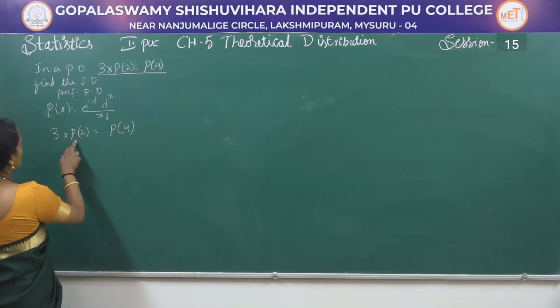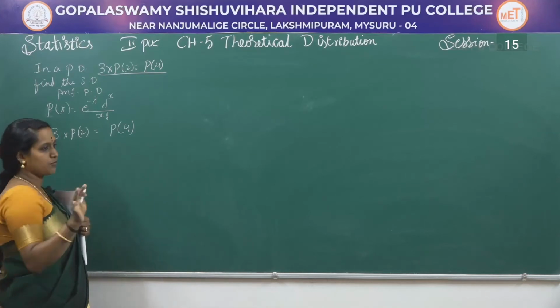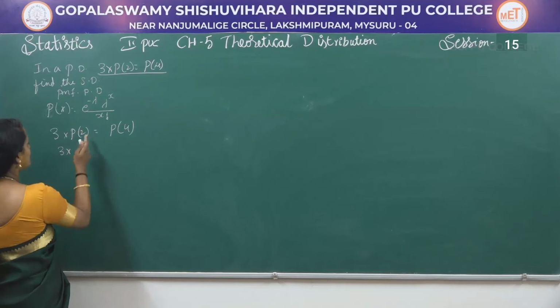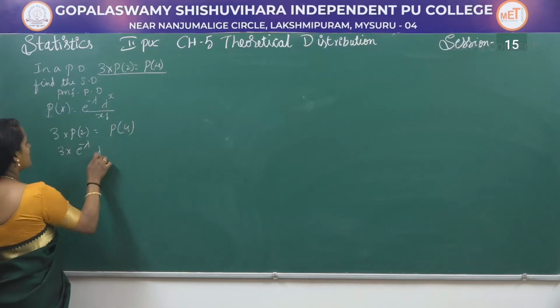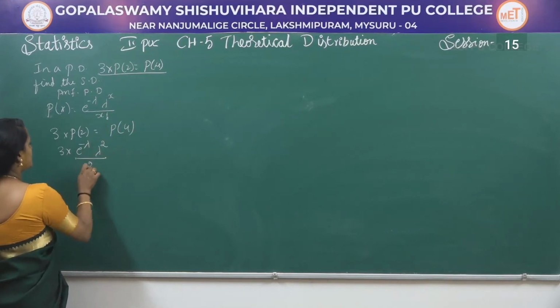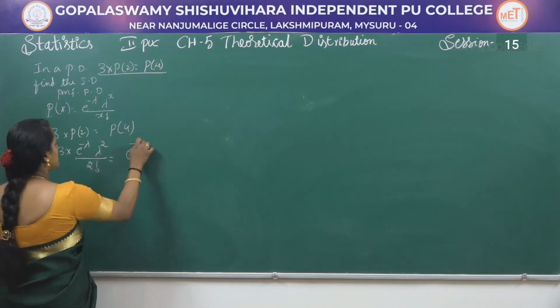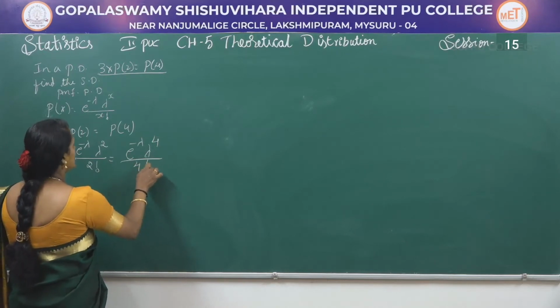So 3 into P of 2, for x equals 2, it is e power minus lambda lambda power 2 divided by 2 factorial, is equal to, here x equals 4, e power minus lambda lambda power 4 divided by 4 factorial.